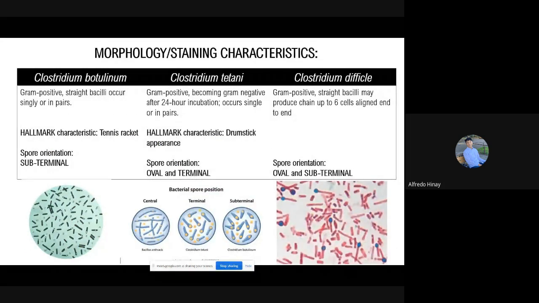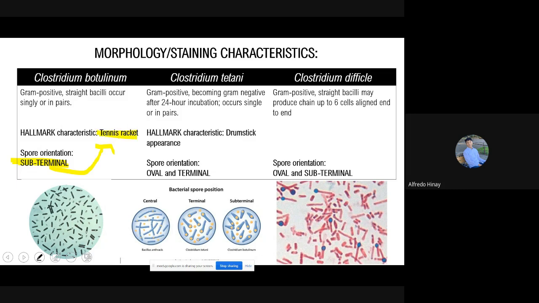For the staining characteristic naman class, ito yung mga tatandaan natin with the class? Orientation of the spore. For Clostridium botulinum class, subterminal sila here, subterminal. Kung subterminal sila class, they will produce a tennis racket. Okay? Tennis racket naman siya.